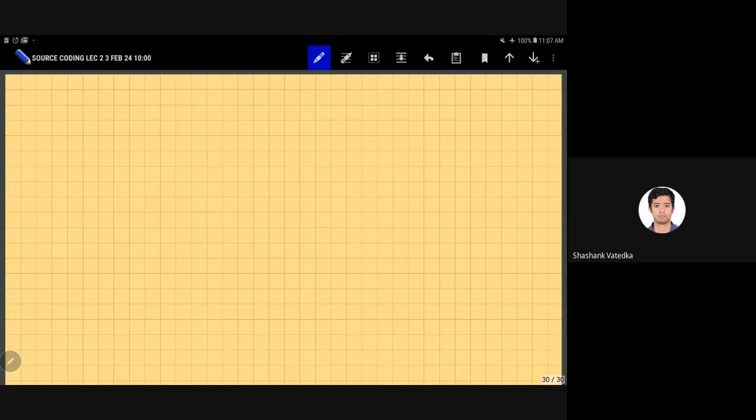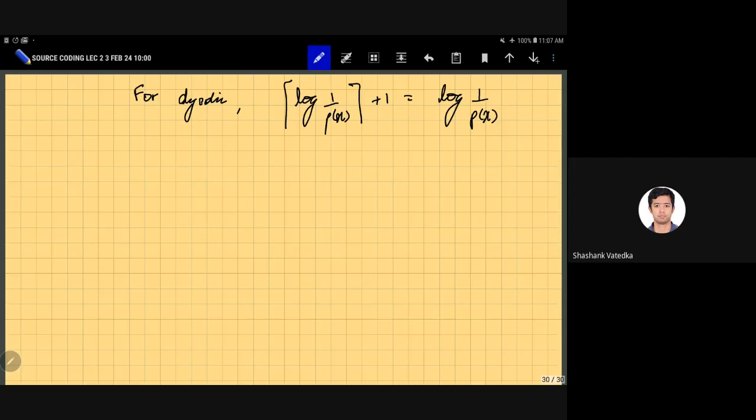So for dyadic distributions, the ceiling of log 1 over p of x plus 1 is equal to log 1 over p of x plus 1. So the expected length achieved by the Shannon-Fano-Elias code would be H of X plus 1.